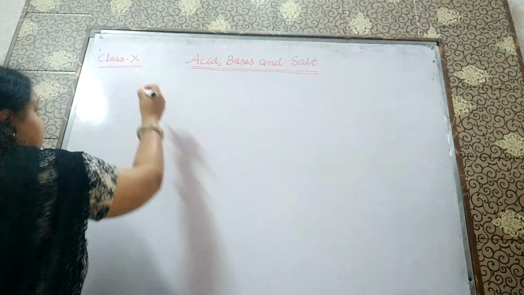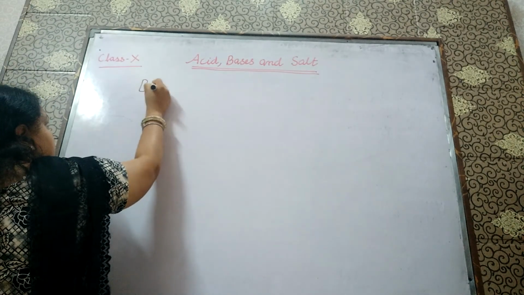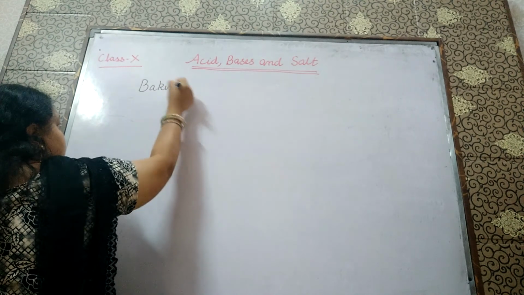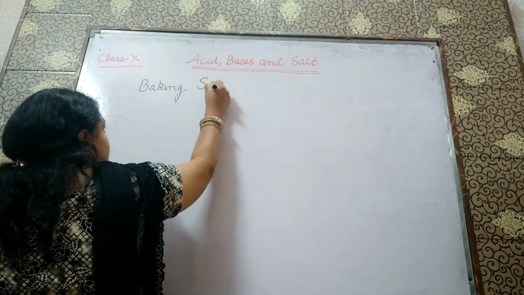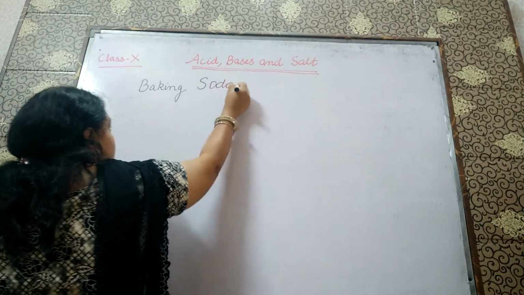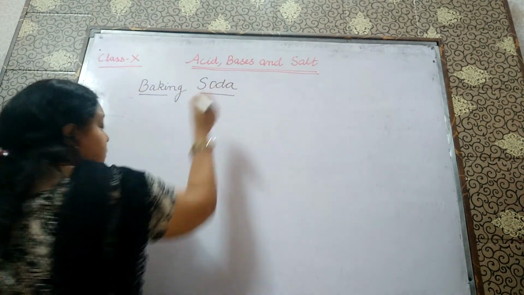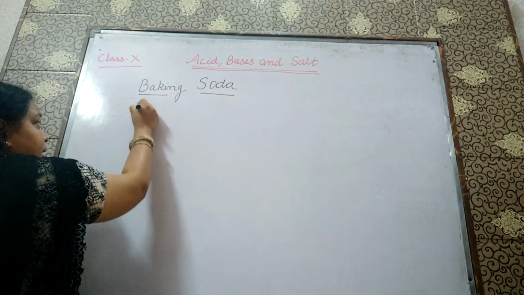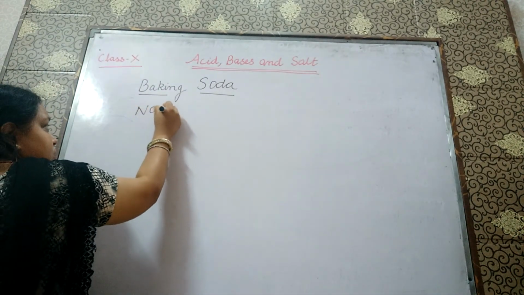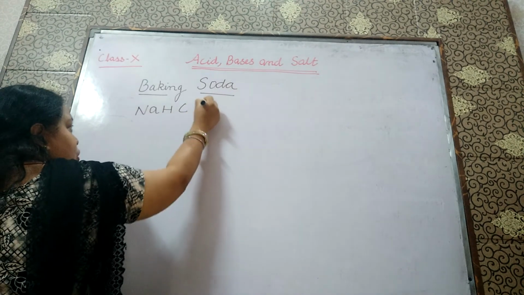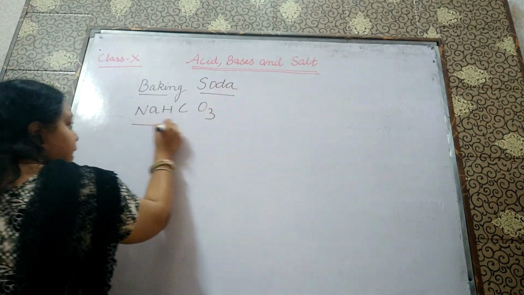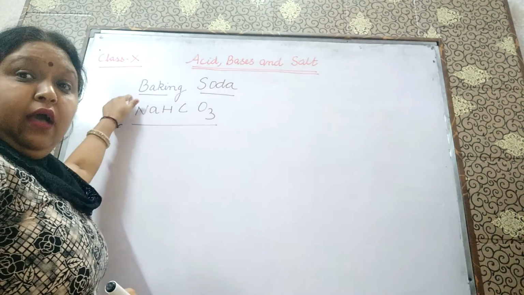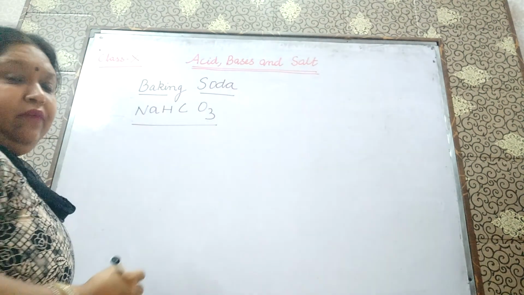First we will write baking soda. Okay, baking soda, what is the formula for it? NaHCO3. NaHCO3 is the formula for baking soda. And what is the scientific name given to it?